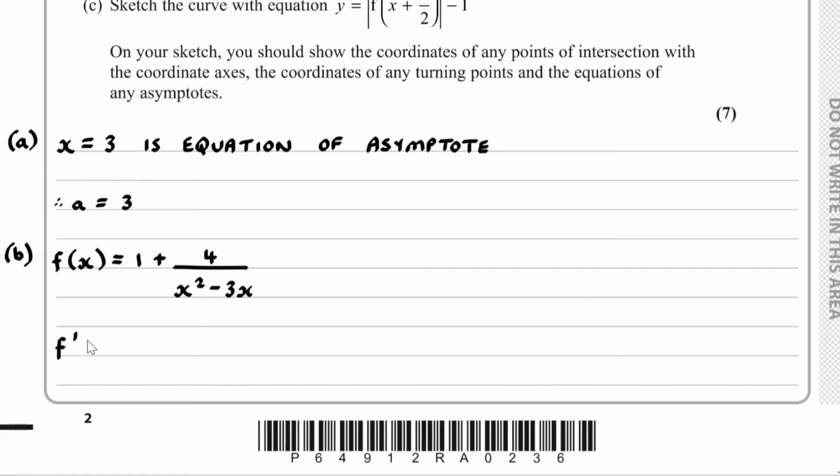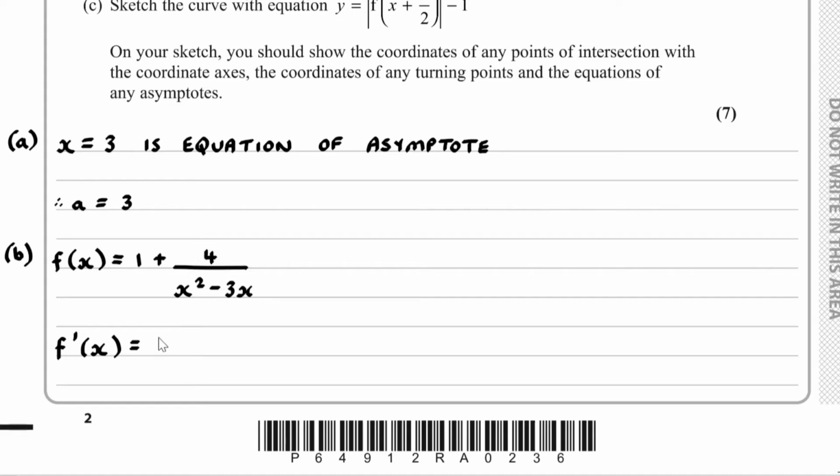f dash of x is equal to, well, differentiating the 1, we end up with 0. And now to differentiate 4 over x squared minus 3x, we would have to use the quotient rule.